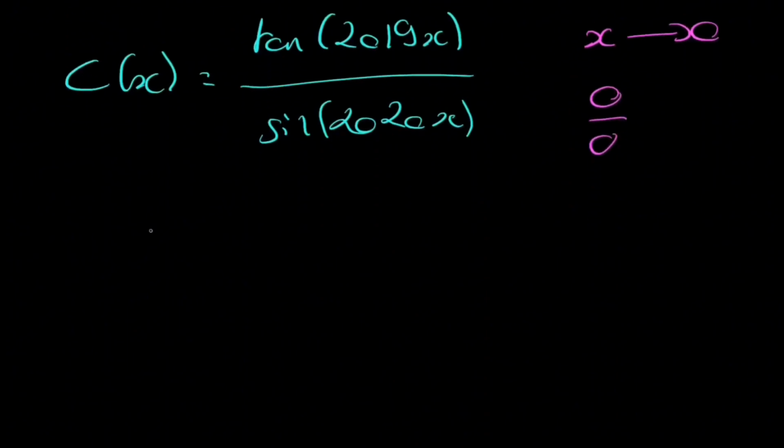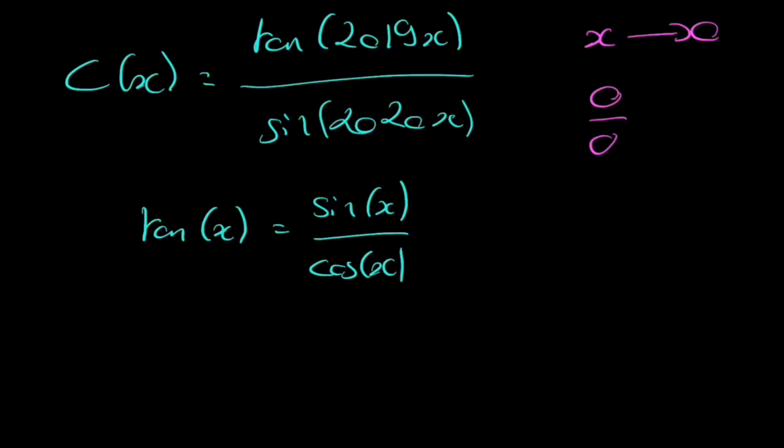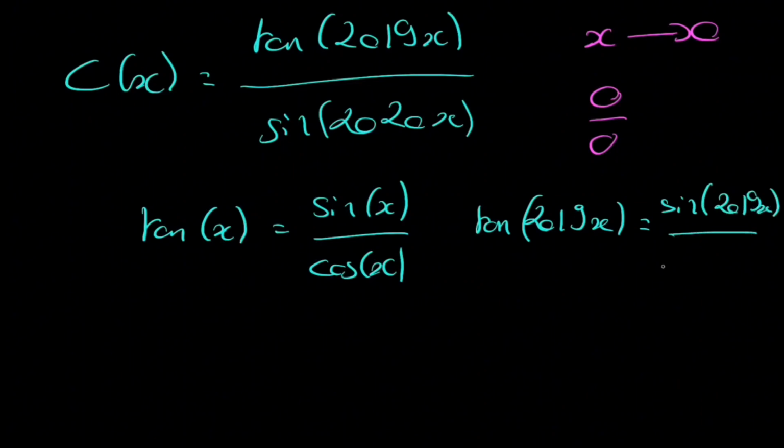Let's remember first that tangent of x is equal to sinus of x over cosinus of x. And so we've got tangent of 2019x, which is equal to sinus of 2019x over cosinus of 2019x.